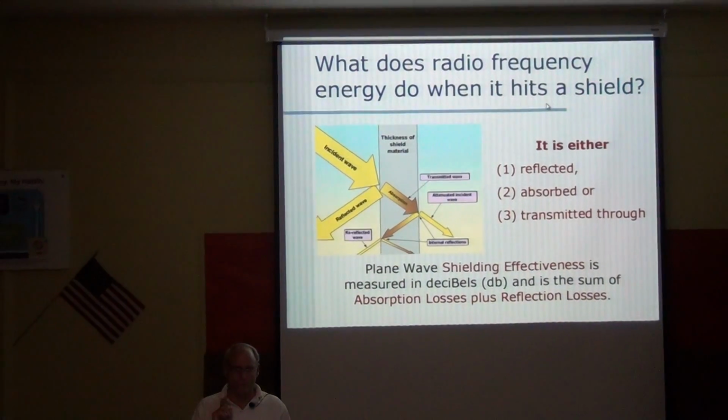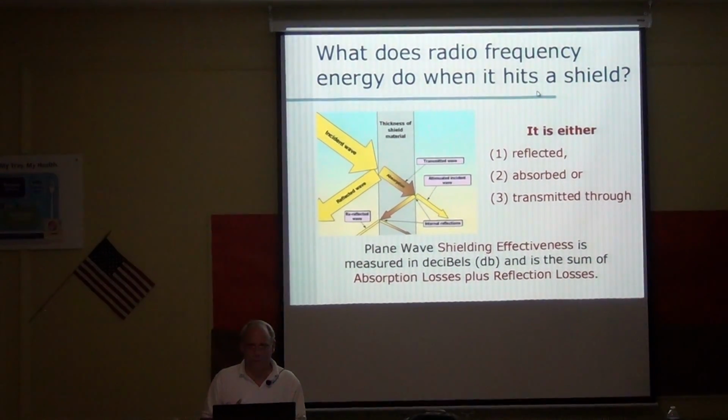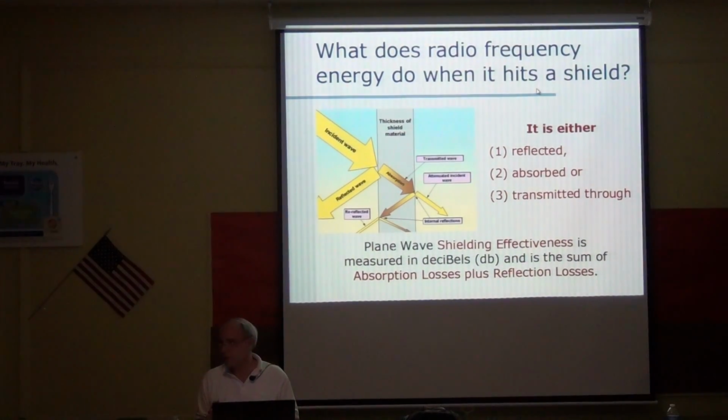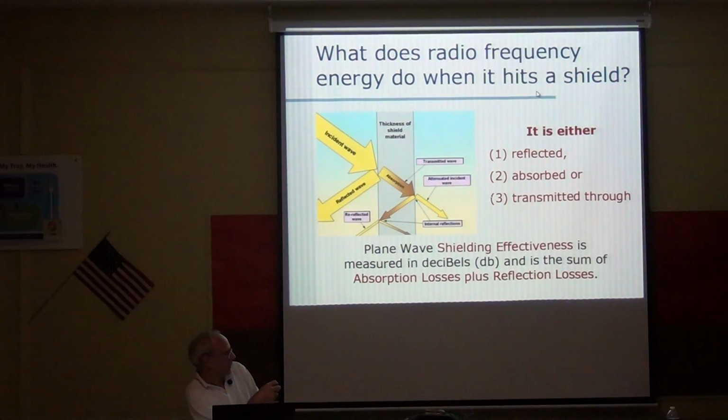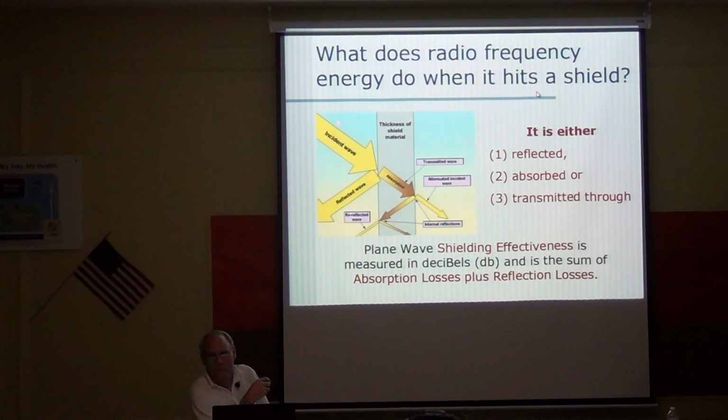Very quickly, let's look at what actually happens with a shield. You have an incident wave coming directly in from your source. As we said earlier, in a plane wave you're working with an impedance of 377 ohms. When that hits a shield, the shield impedance is very, very low.